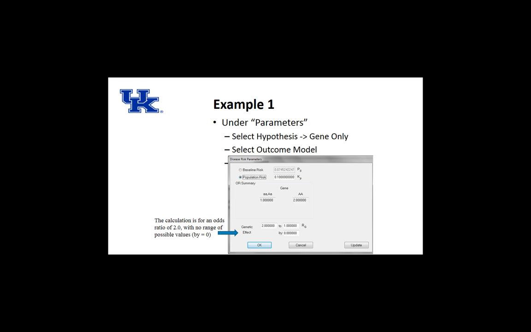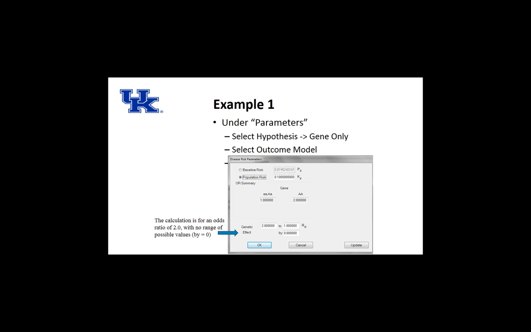And again, I'm just going through populating this particular program and thinking about how to parameterize or how to think about power, what things come into effect when we're dealing with power for a genetic association study. So we have our population prevalence. We can calculate genetic effect.